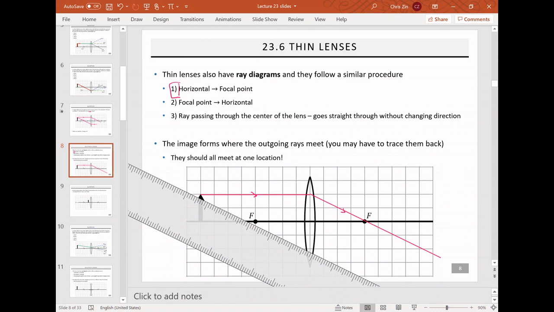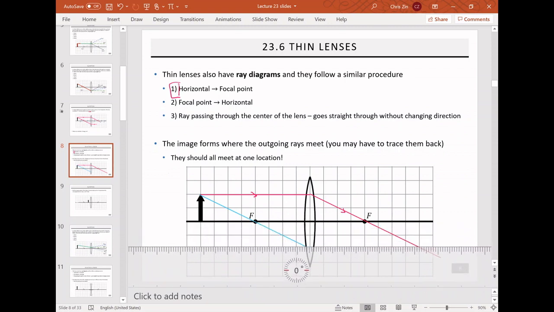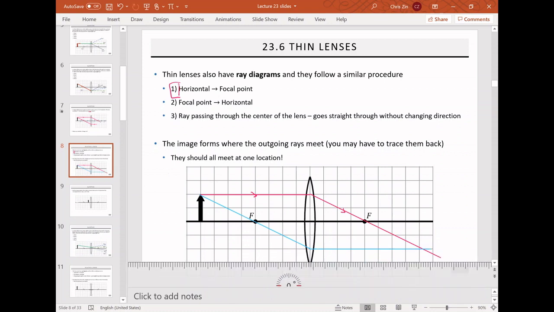The second easy to draw ray starts at the top of the candle and passes through the focal point on the left side of the lens. After this ray refracts, it will refract so that it's horizontal. So then the second easy to draw ray is the focal point to horizontal ray.